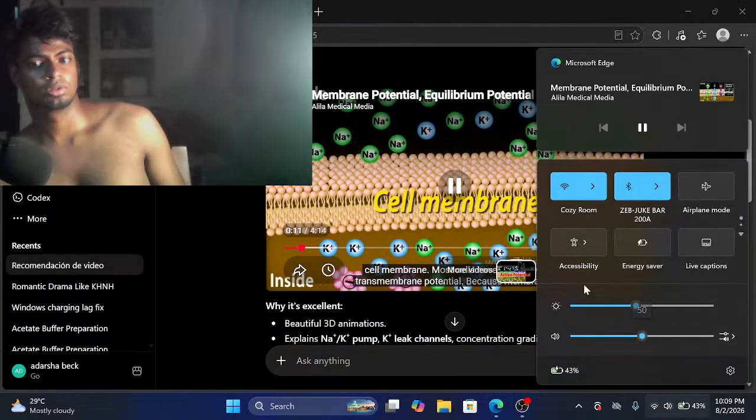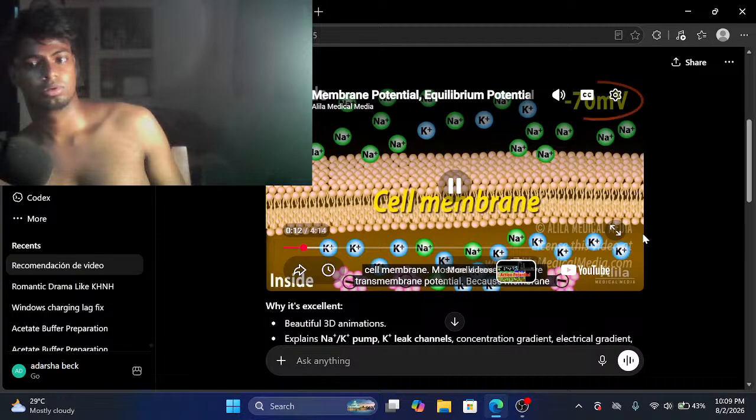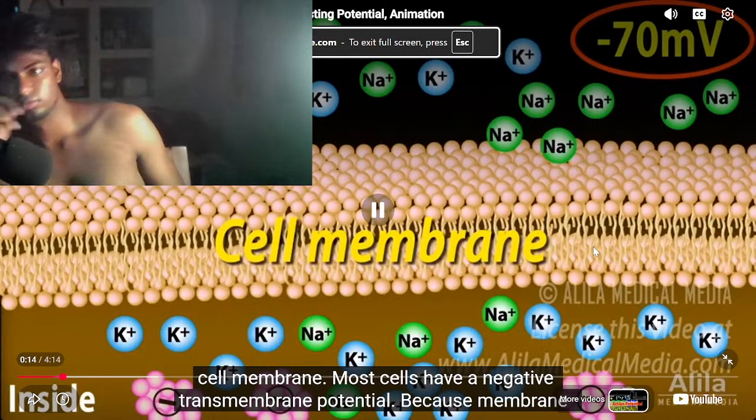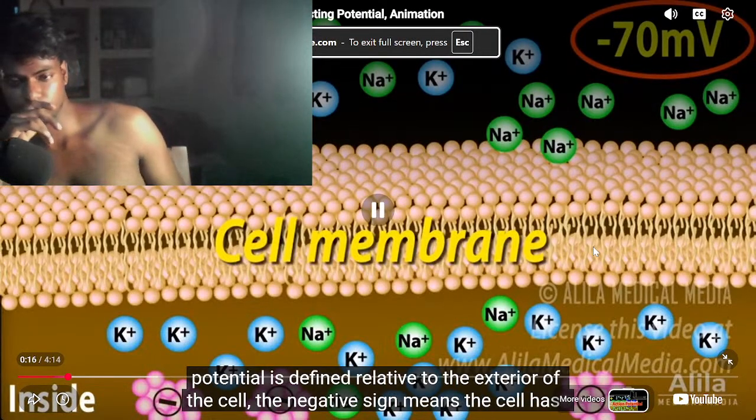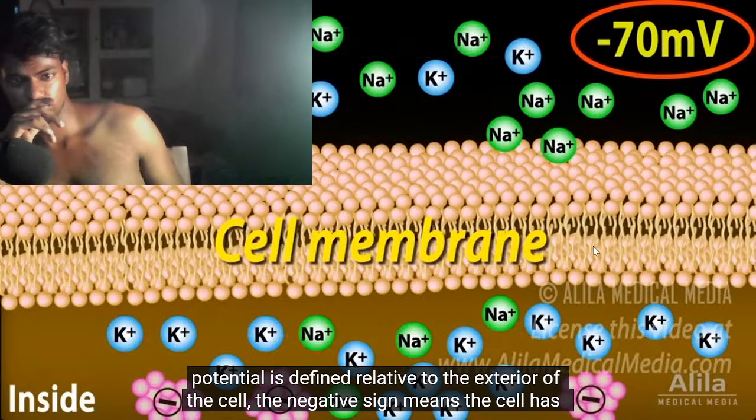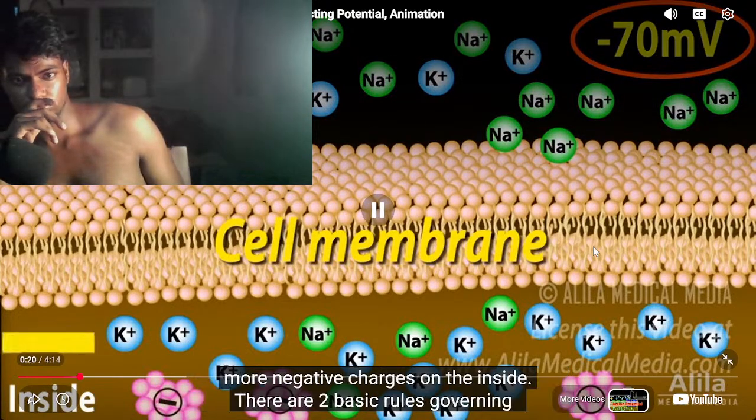Across a cell membrane, most cells have a negative transmembrane potential. Because membrane potential is defined relative to the exterior of the cell, the negative sign means the cell has more negative charges on the inside.